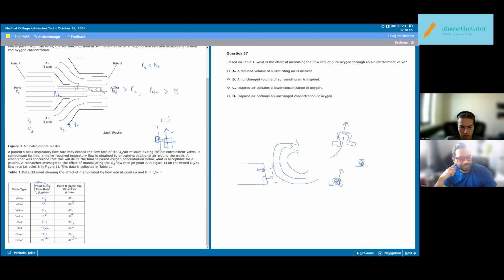So we should see a higher flow rate at point B, and point B is when we have the mixture here. So let's see, a reduced volume of surrounding air. Okay, if you increase the flow rate, a reduced volume of surrounding air is inspired.